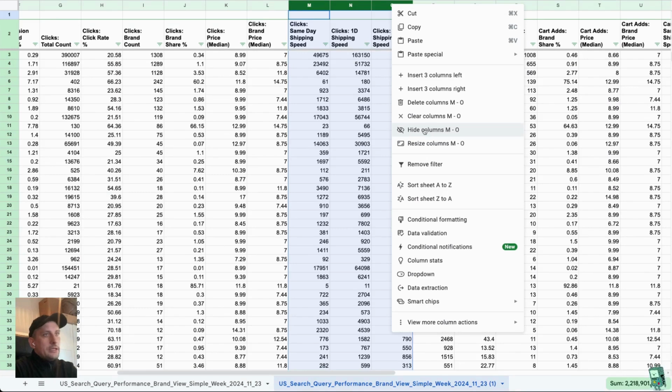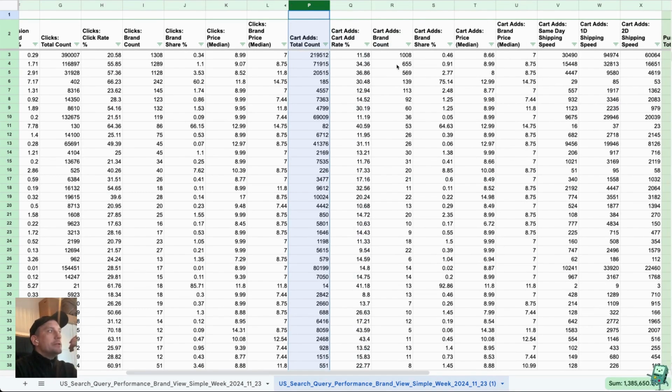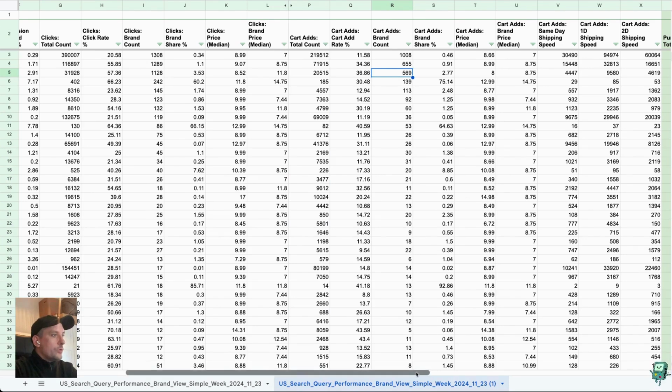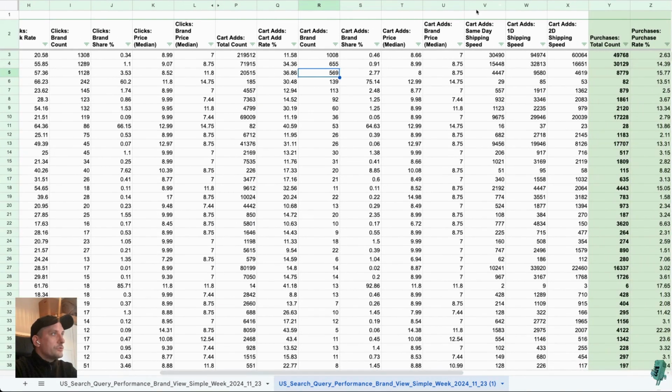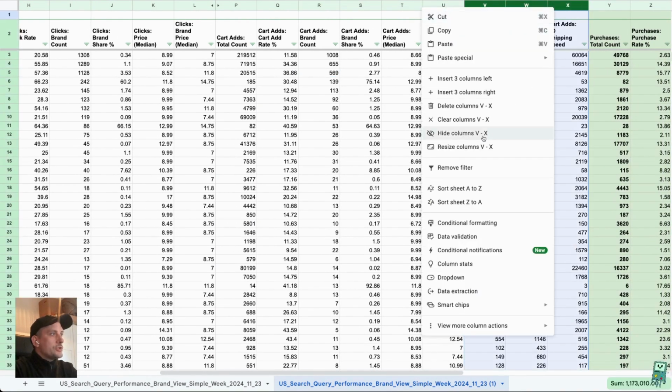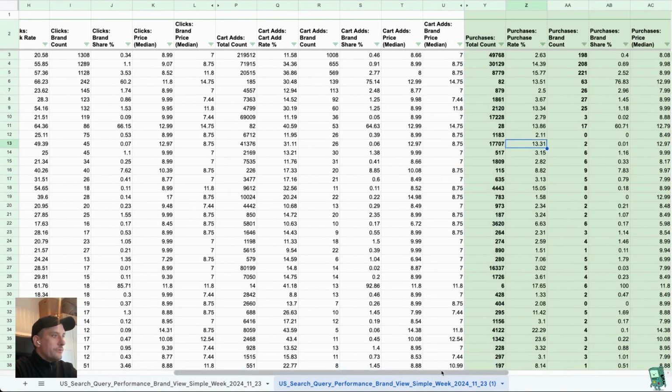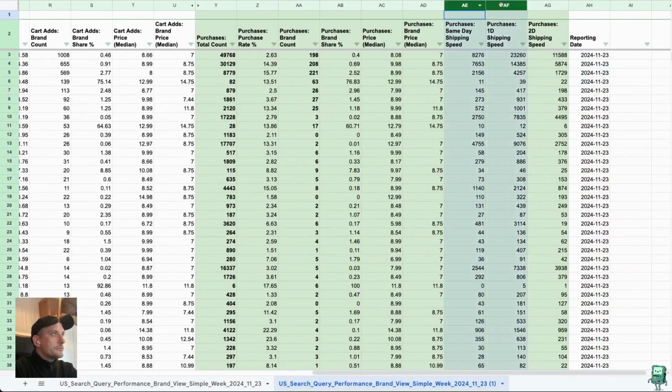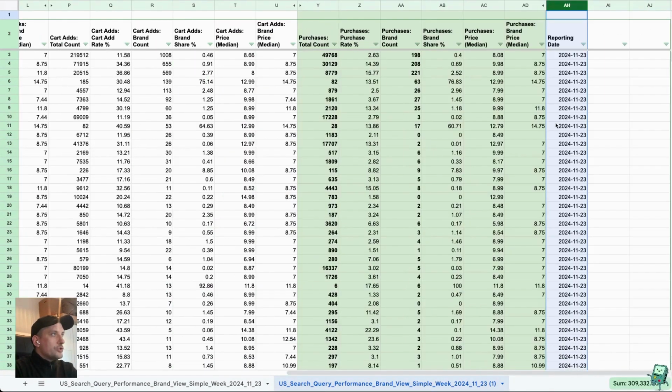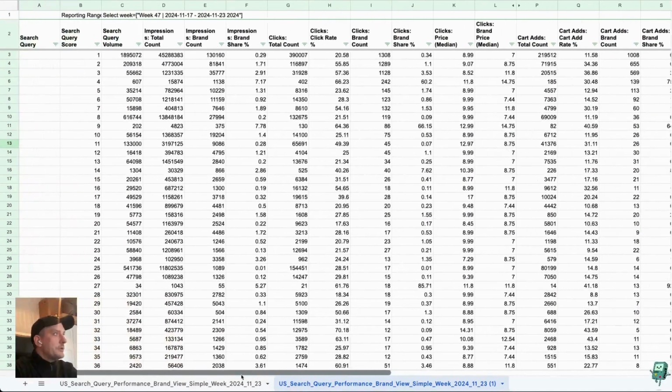I have not found any good approach to use shipping speeds as of yet. So I'm either hiding them, or when I do a pivot table for checking week-over-week stuff and so forth, which we'll do in another video, I'm just removing them from the pivot table, not exposing them there. So shipping speed is something you can easily get rid of, in my opinion.